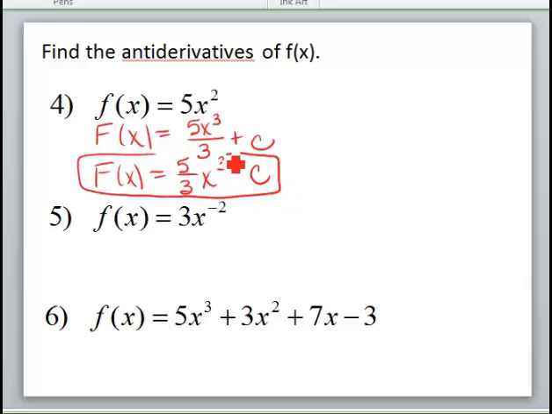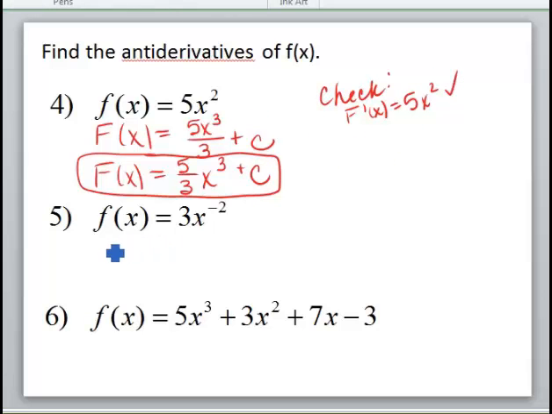This is our solution. Now, I am going to do a check every time. So if I check this antiderivative and I take the derivative of this, I bring the 3 out front, it gives me 5, and I lower it by 1, which should give me an x squared. Notice how I get back to where I started. The derivative of the constant is 0.